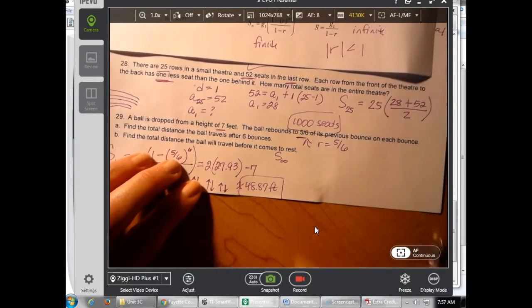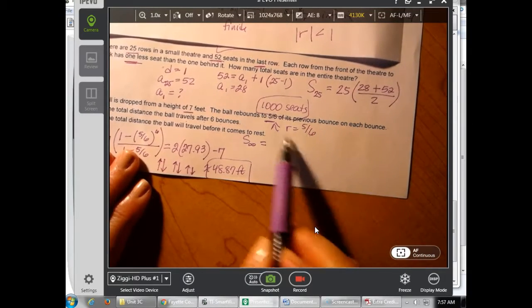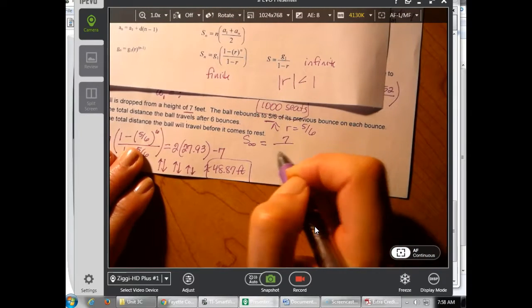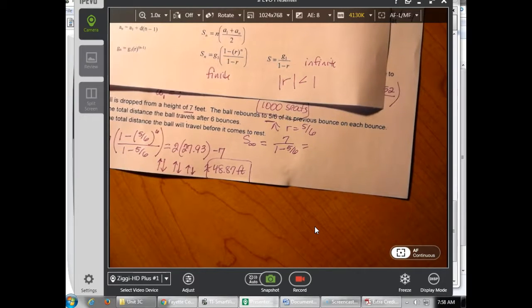Okay, and the next one is even a little bit easier, because you're summing to infinity because r is less than 1. So I'm using this formula here. G sub 1 is going to be 7, and then 1 minus 5/6. So go ahead and do that in your calculator.